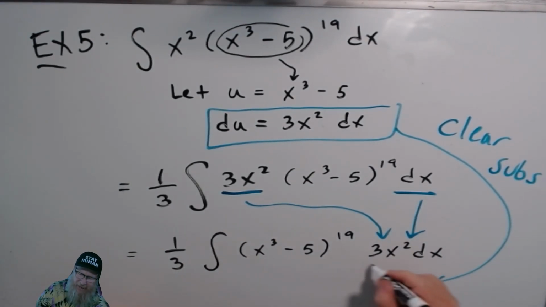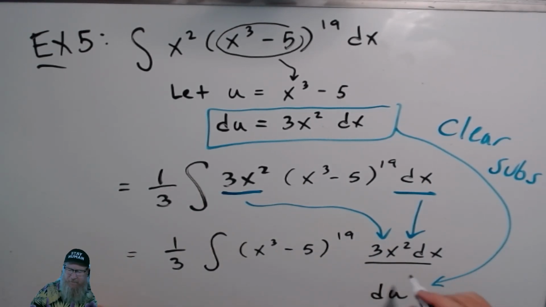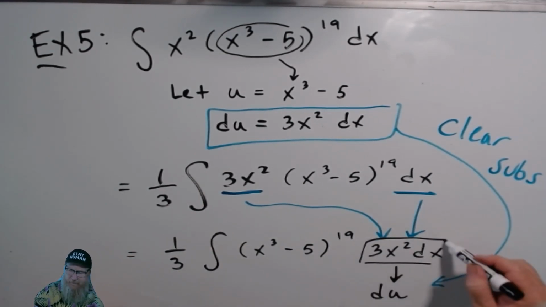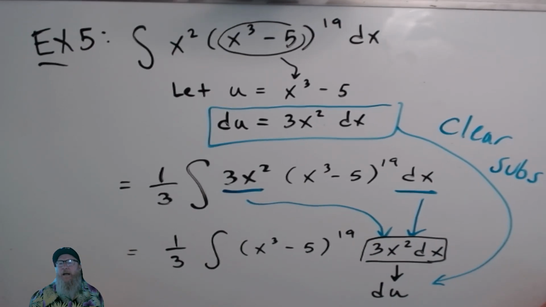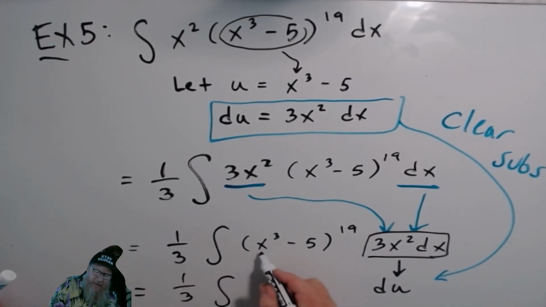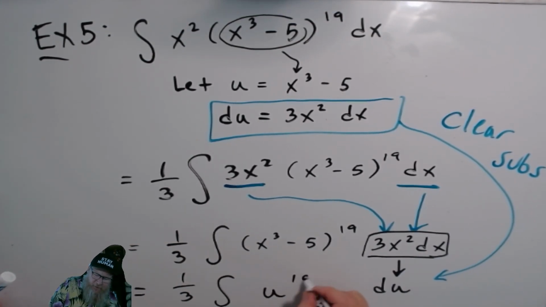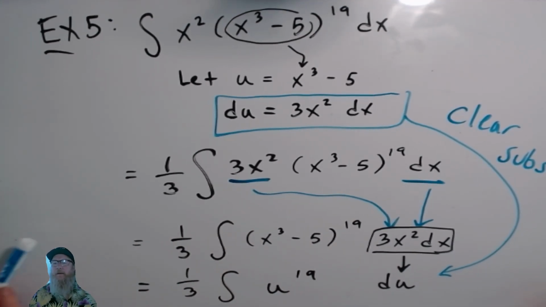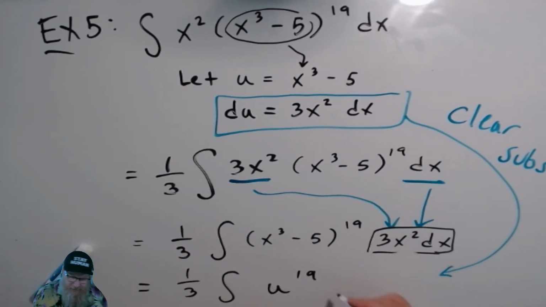And so all of this will just become du. 3x squared dx will become du, and then the x cubed minus 5 will become u. You see how much cleaner that looks now?